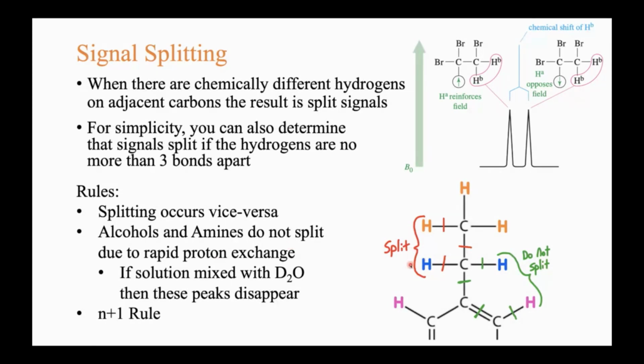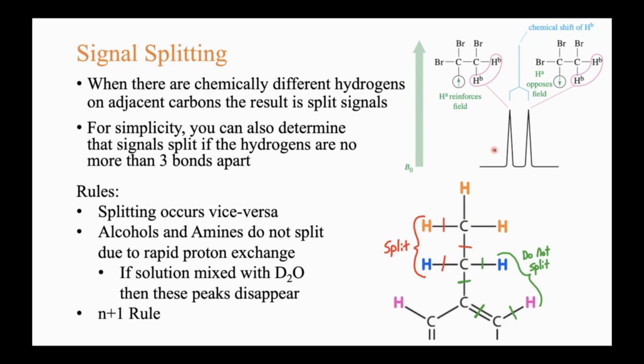The n+1 rule determines the amount of protons in a group that splits another group. For example, when orange splits blue, the n+1 rule states that there are 3 orange protons. So 3 + 1 is 4. So we would expect blue to show a quartet splitting pattern, which is 4.